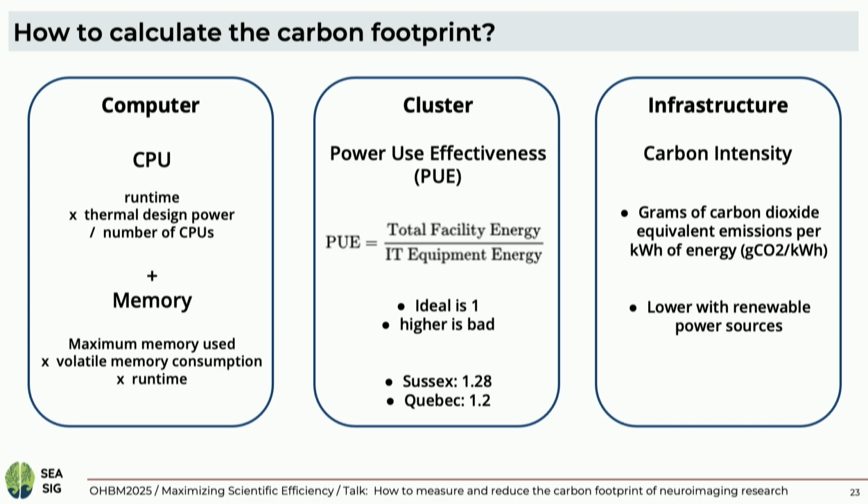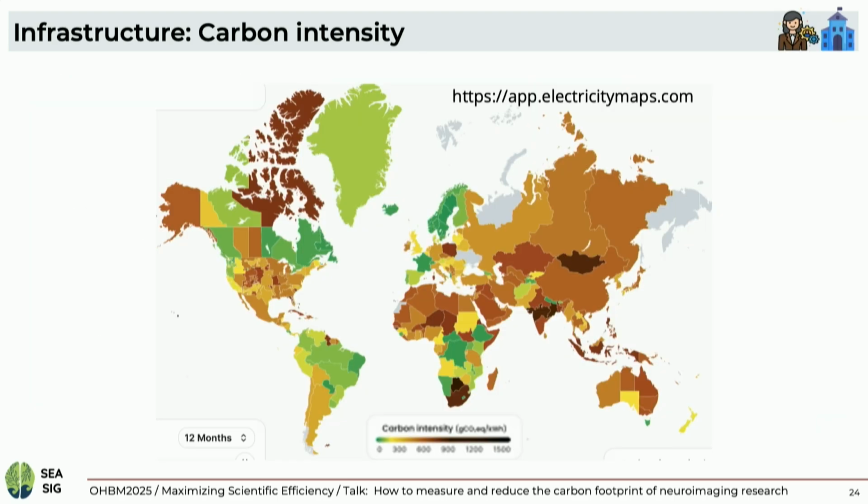That factor is called carbon intensity, so that's a third factor that plays a role in your overall carbon footprint. There have been a lot of initiatives all over that try to measure and calculate the carbon intensity factor for different parts of the world, either at the national level or even at a state or provincial level. And this is one of the maps that I think I did last week, so it's pretty recent. You can see different parts of the world will have a much different carbon intensity profile.